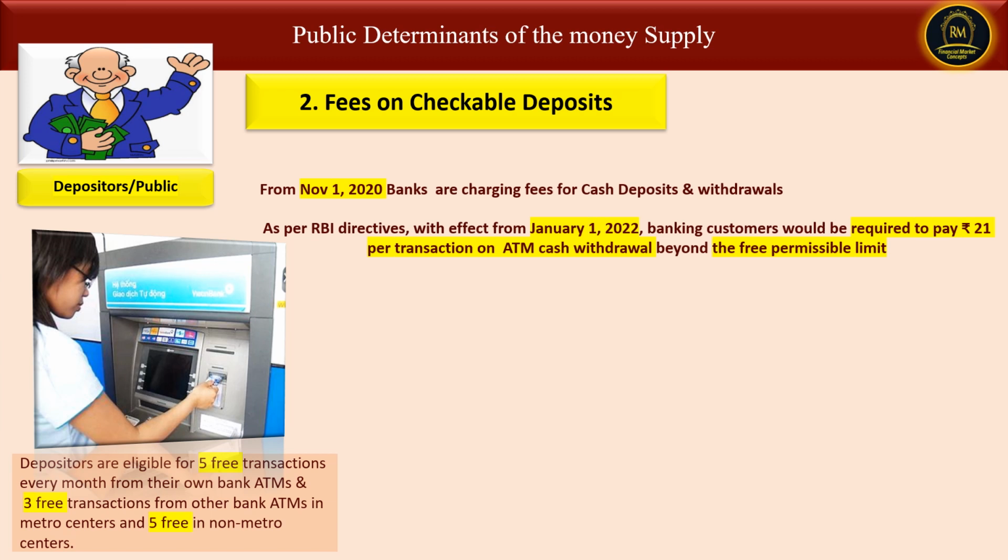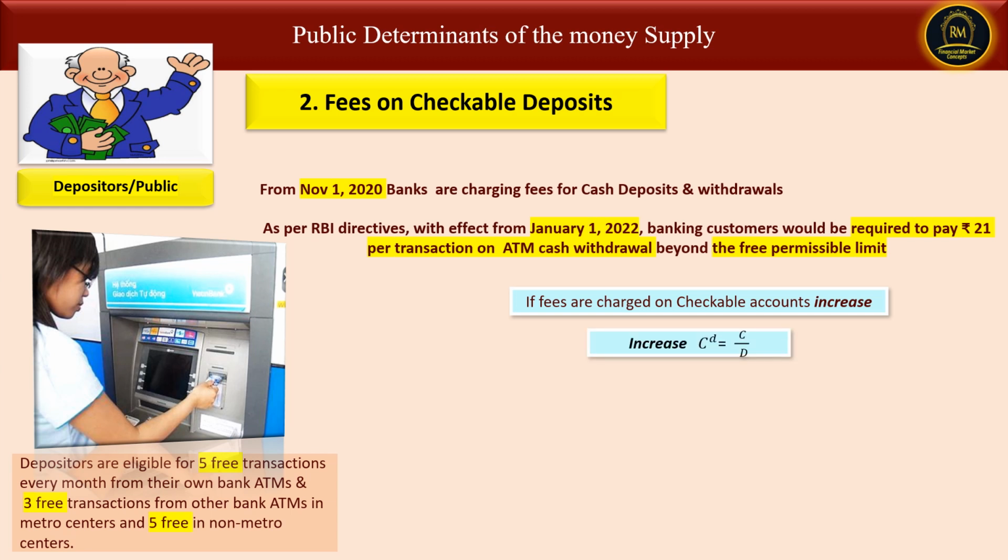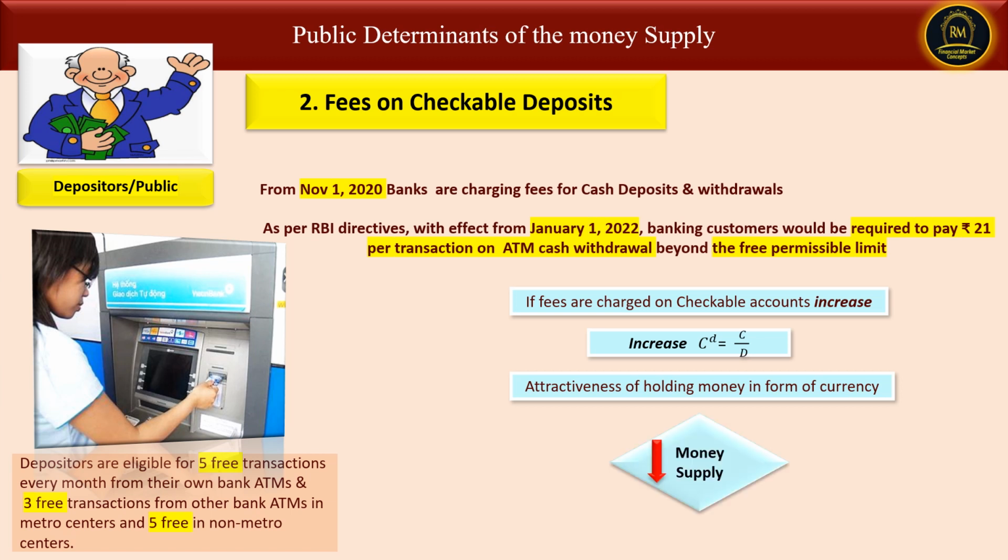They are eligible for 5 free transactions every month from their own bank ATMs and 3 free transactions from other bank ATMs in metro centers and 5 in non-metro centers. So if the fees charged on checkable accounts are increased by the bank, it is going to increase the currency ratio. The attractiveness of holding money in the form of currency would increase and this might lead to a reduction in money supply in the economy.